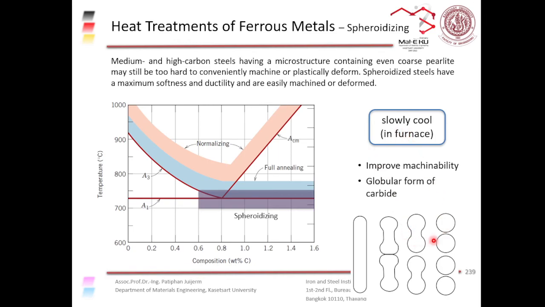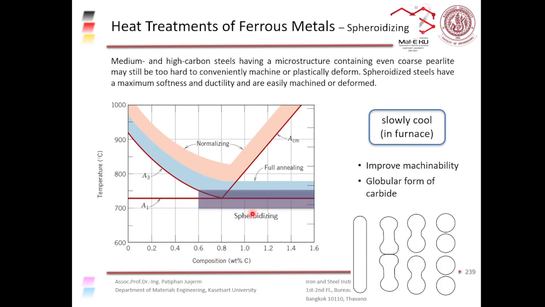Okay, so when you do that, the steel will have the maximum softness. Because medium carbon steel or high carbon steel have a lot of pearlite, and in that pearlite you have a lot of cementite, right? Especially in high carbon steel, in hyper-eutectoid steel, you have pro-eutectoid or primary cementite as well.